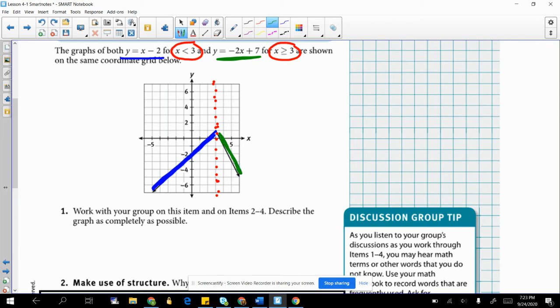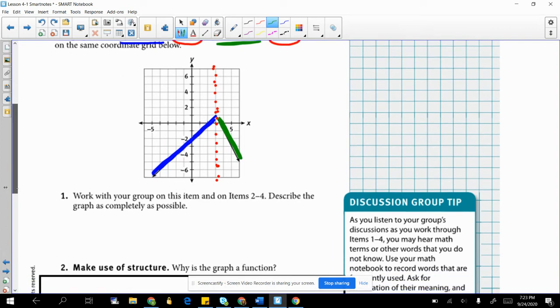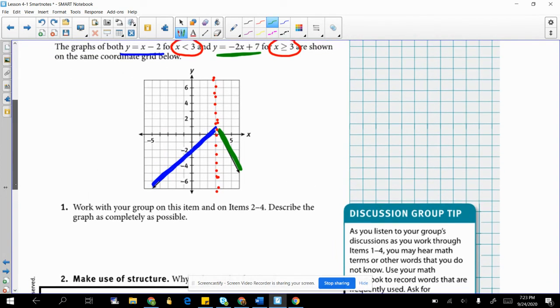So that's why this is right here. Now the fence kind of separates those two. When it says x is less than or x is greater than 3, that's always going to be a vertical line because it has to go through the x-axis. We're going to be talking a lot about that. I like to use a dotted or dashed line to show that fence, but really it's like an imaginary line.